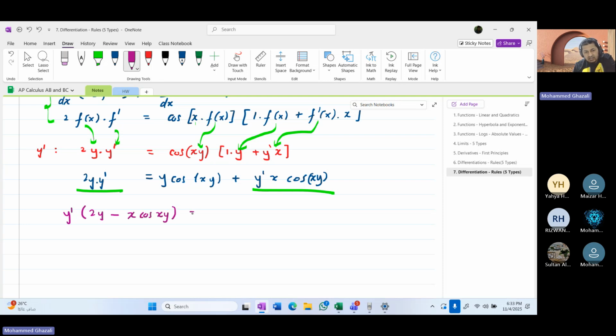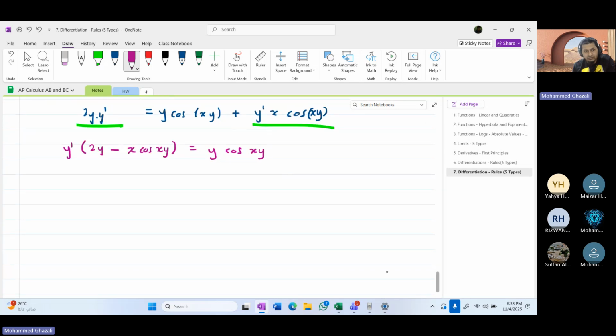Right, is equal to, we left this term on this side because it involves no derivatives, which is y cos xy. Now I just need to take this and divide it by this. Basically, you're dividing by 2y minus x cos xy because you are solving for y prime. So y prime, which is dy dx, is equal to y cos xy divided by 2y minus x cos xy, and you can't simplify this at all.